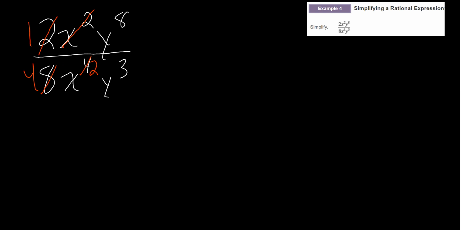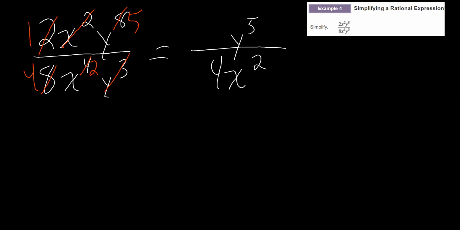And then down here, this y cubed goes away, and this y to the 8th turns into y to the 5th. So my numerator is just y to the 5th, and my denominator has a 4x squared. Right?